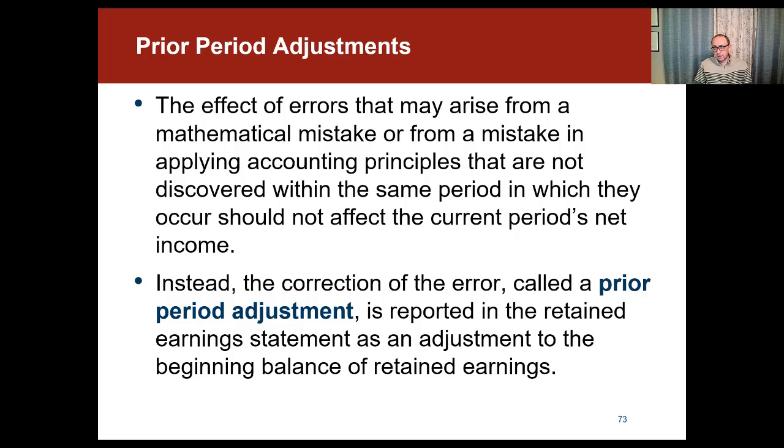The effective errors that may arise from a mathematical mistake or from a mistake in applying accounting principles that are not discovered within the same period in which they occur should not affect the current period's net income. Instead, the correction of the error, called a prior period adjustment, is reported in the retained earnings statement as an adjustment to the beginning balance of retained earnings.